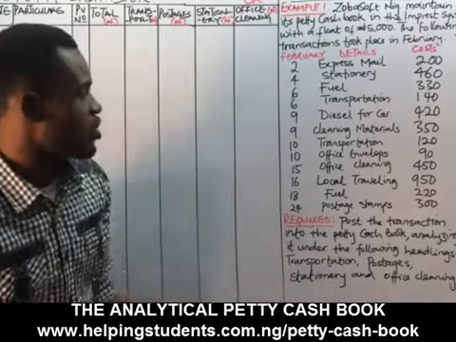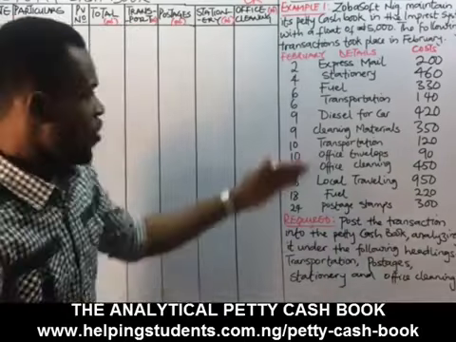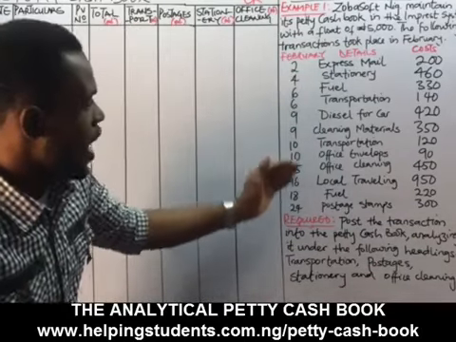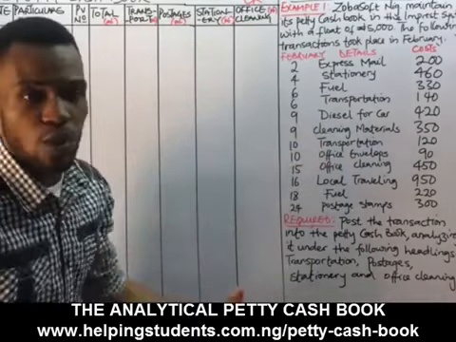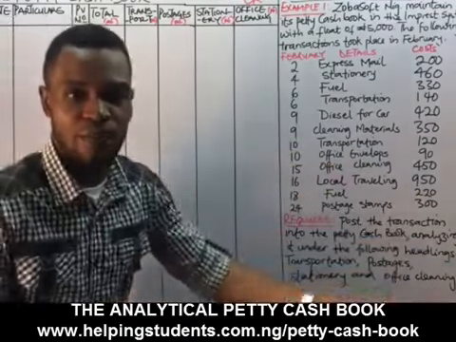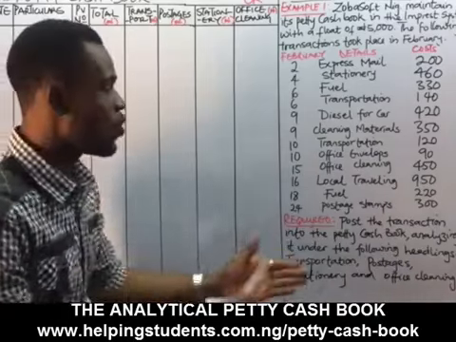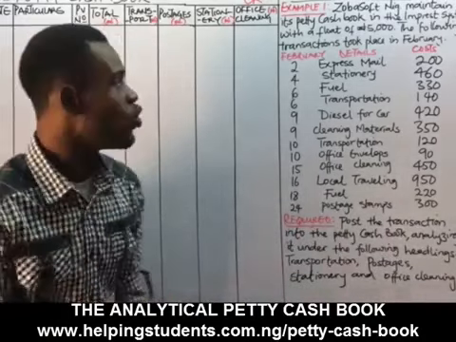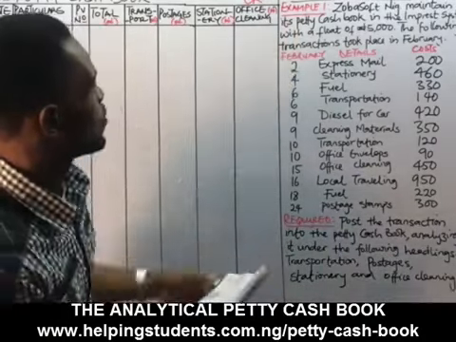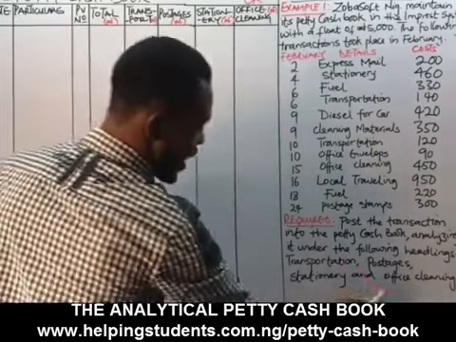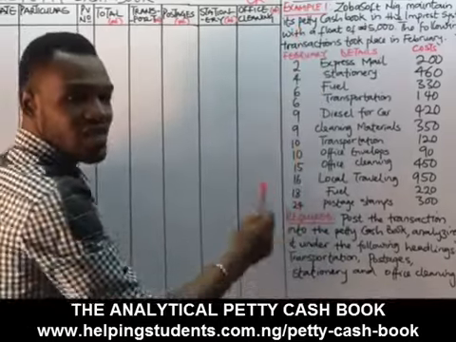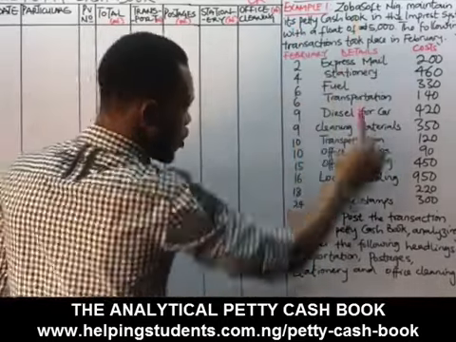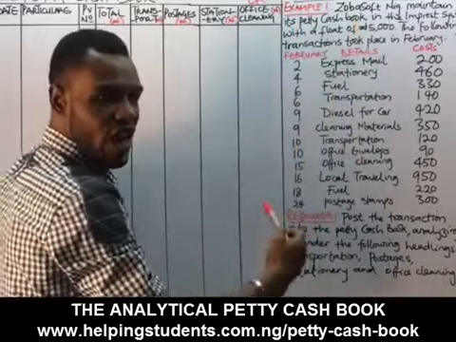In answering a question again under the petty cash book, read through the question where you are asked to enter into the cash book. If you happen to see the name of someone, for instance, E.A. Adeboye or S. Ifeanyi and so on and so forth, what you have to do is to open two more columns. After the office cleaning, which is the last one we have here, you will have one more column which will be titled the ledger number and another column which will be titled the ledger account.